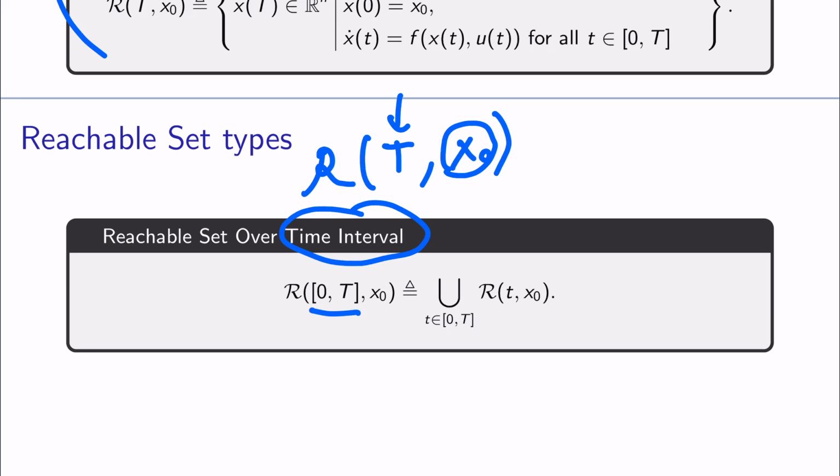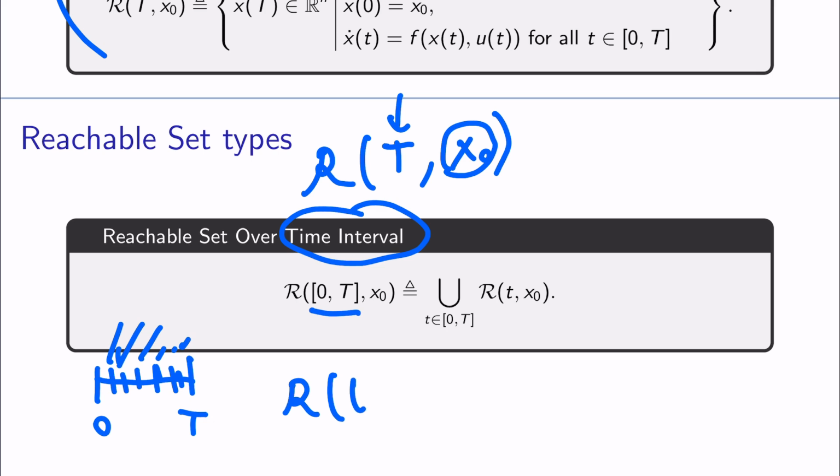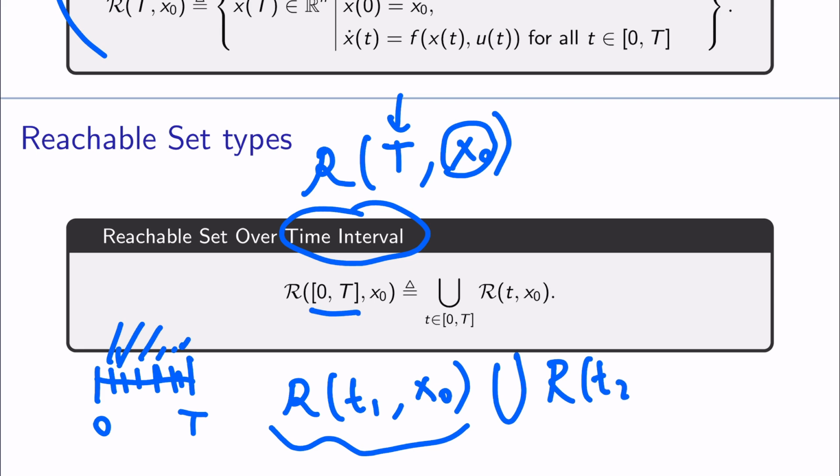Imagine that I was able to dissect it into infinitely many points: T1, which is maybe 0, then T2, and then T, the T that we have.